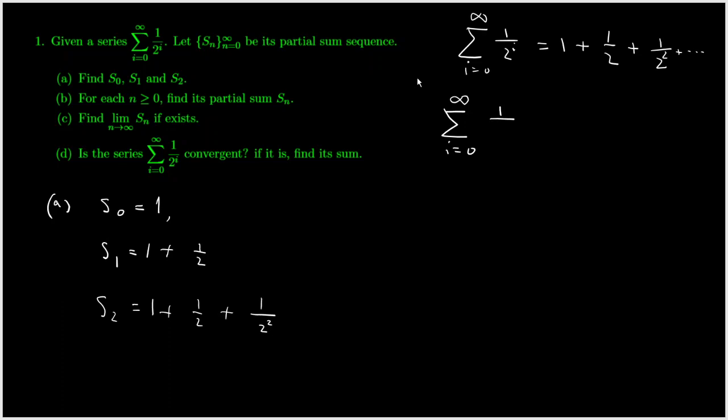So now let's say 1 over 2 to the power of i when i goes from 0 to infinity. How can we define this? I'm trying to say how can we connect the series to the partial sum sequence.